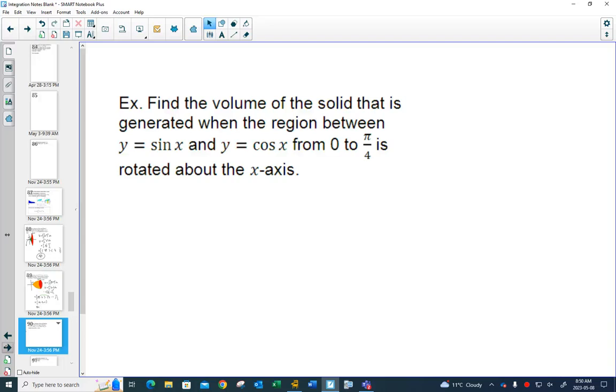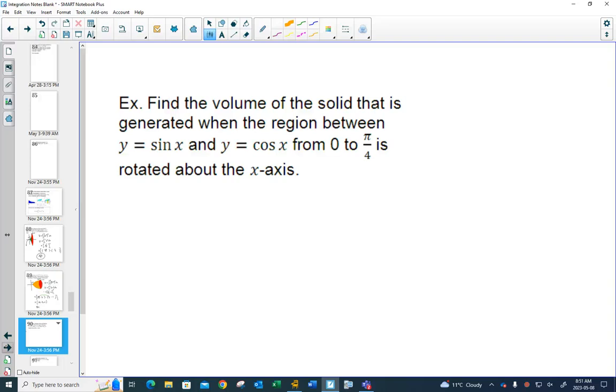Okay, now we are going to imagine area between curves and find the volume of the following shape. This one, again, you almost do have to be somewhat of an artist to draw it to be able to picture what's happening.